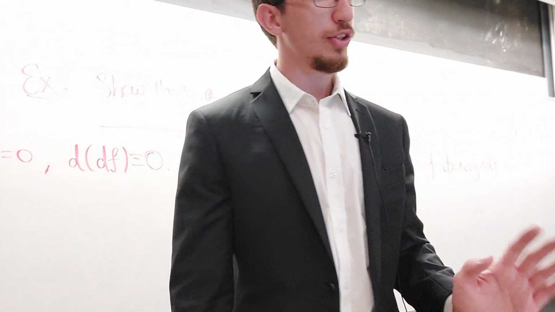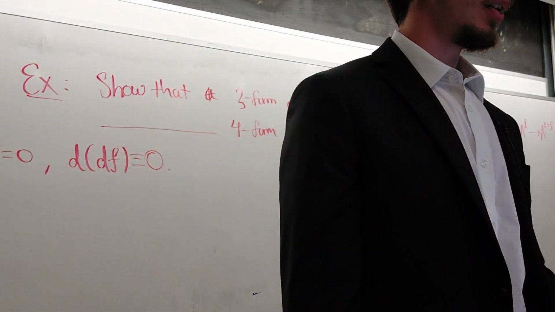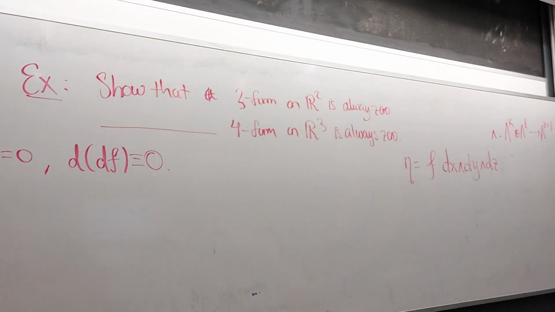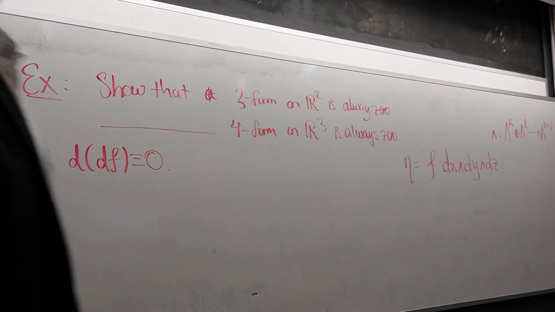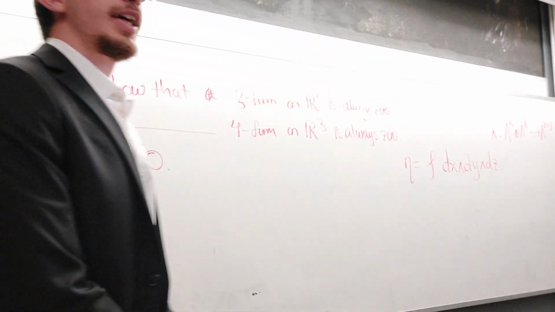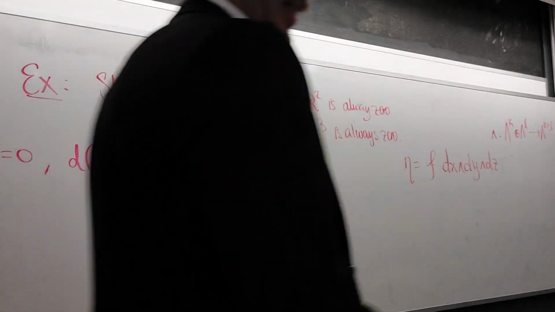If I was to not use forms, then I would give you these two formulas here for curl and divergence. You would pretend you understood them. You would have no idea that they were derivatives of vector fields, and if you did, that would just be a bluff. But I'm going to show you that is indeed the case, and so let's take a look.